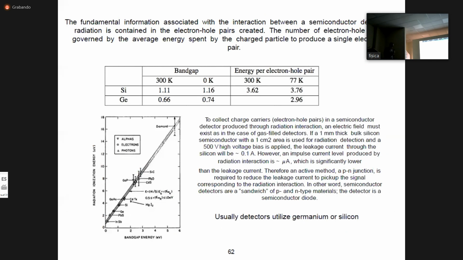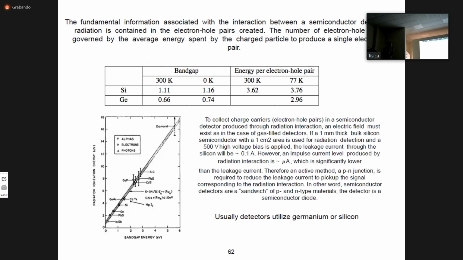If we come back to semiconductor detectors, they operate like typical ionization chambers. You apply two electrodes, one anode, one cathode, and apply an electric field between them.